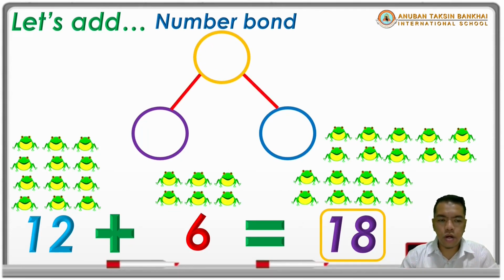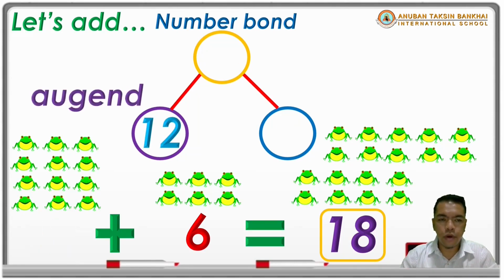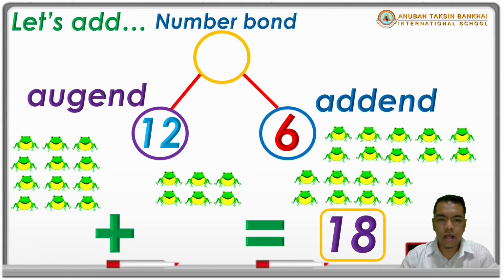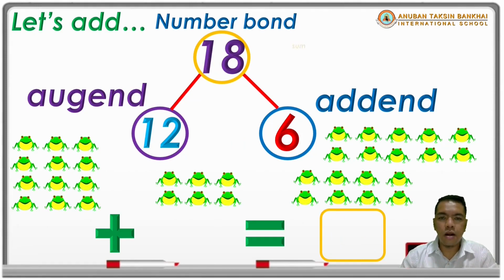Let's put first our addend to our first part. Then the second part, let's put our addend. Then let's add 12 and 6 makes how many? 18. That is our sum. 12 and 6 makes 18.